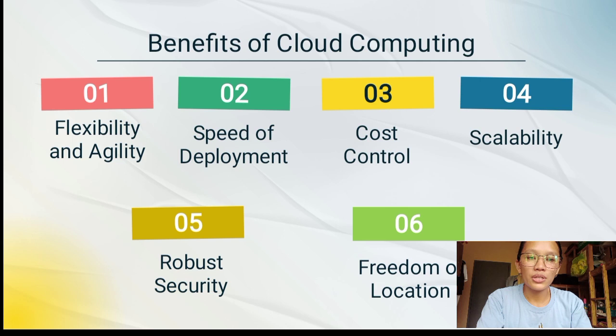Cloud computing offers numerous benefits to organizations of all sizes. One of the key advantages is flexibility and agility. Flexible because users can scale services to fit their needs, customize applications, and access cloud services from anywhere with an internet connection, making it easier to collaborate with colleagues and work remotely.